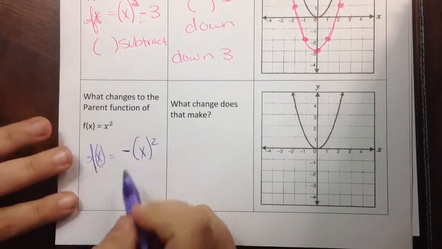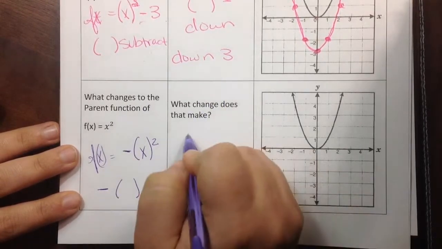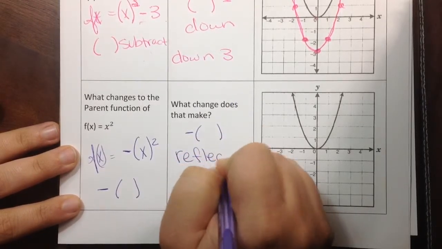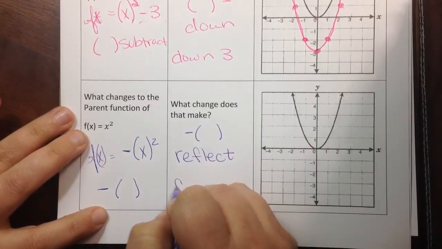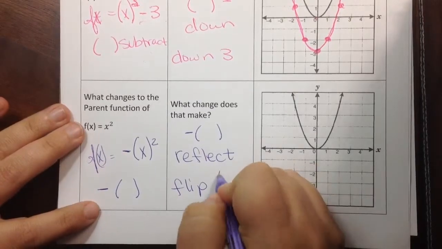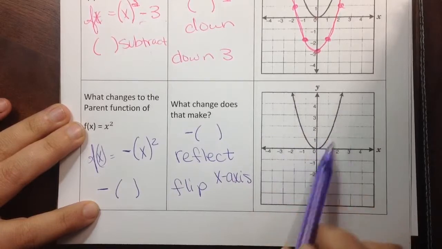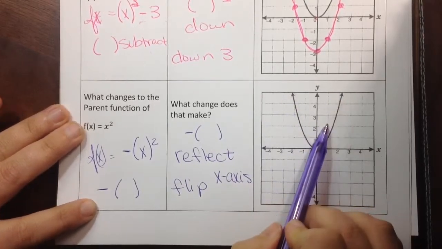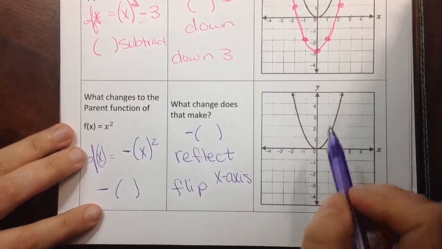When there is a negative symbol in front of the x, that means I'm going to reflect the quadratic, which is another nice way to say flip. So we're going to flip it over the x-axis. Right now we have a positive parabola that's facing up. It looks like a smiley face. We know that the opposite of a smiley face is a frowny face. So we're going to do the opposite.